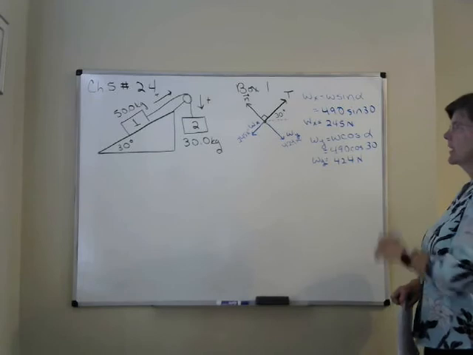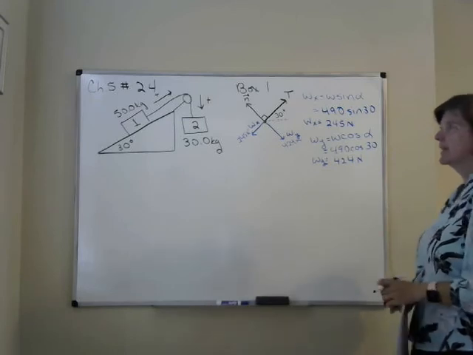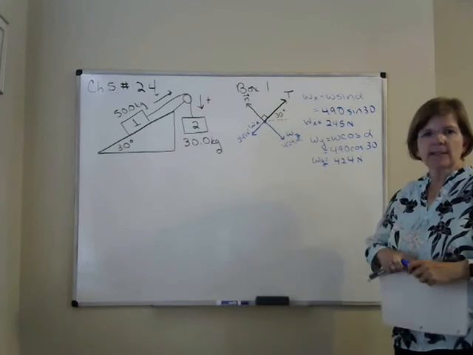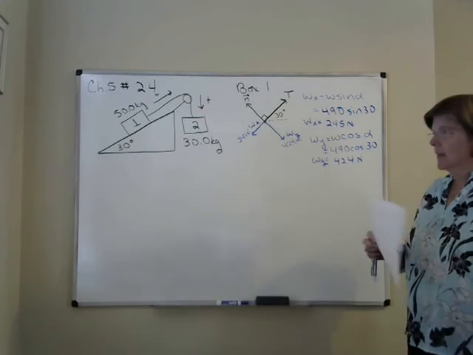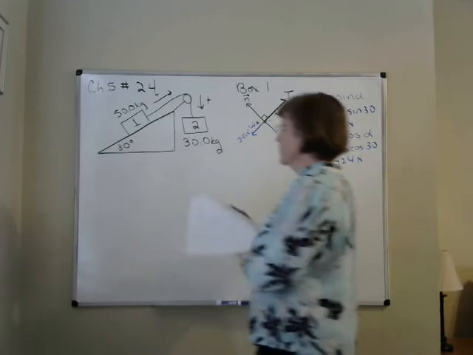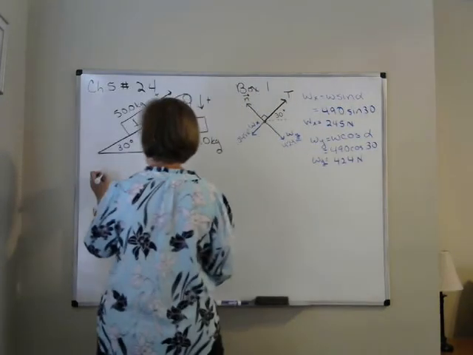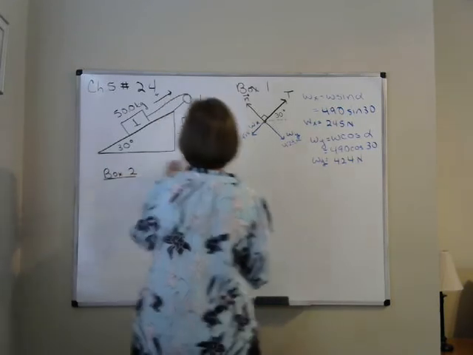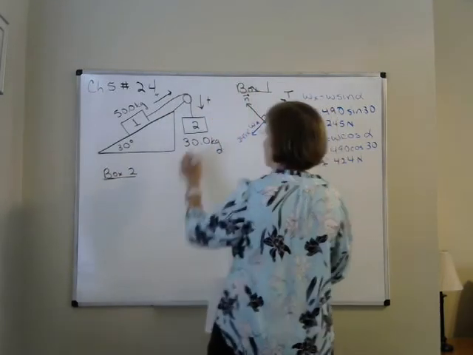I'm going to come back and write an equation in just a minute, but let's go ahead and do another free body diagram. We really got to get good at these and good at understanding them. So for box 2, there's box 1. It's really simple.